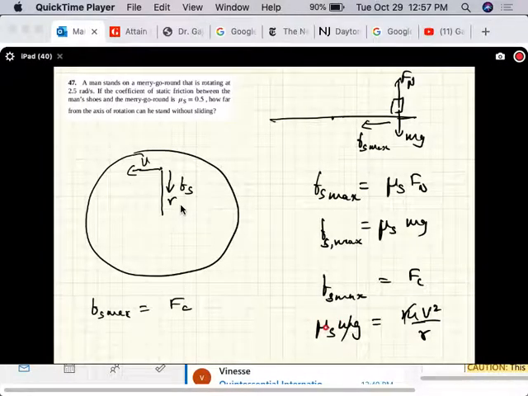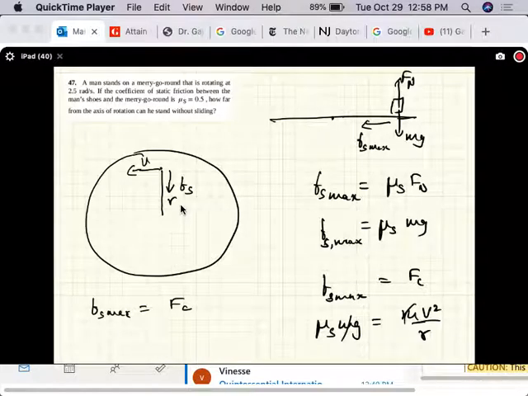That's the maximum static friction force. If this is smaller, mu s would be smaller. The smaller this is, the bigger r would have to be for a given speed. So you have to stand further out not to slip. If it was a frictionless surface, you would have to stand at infinity. You can't go in a circle on a frictionless surface.